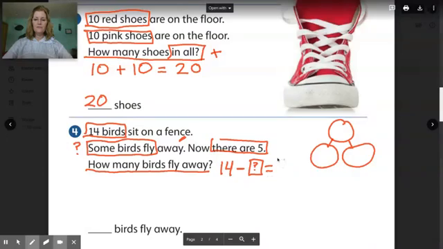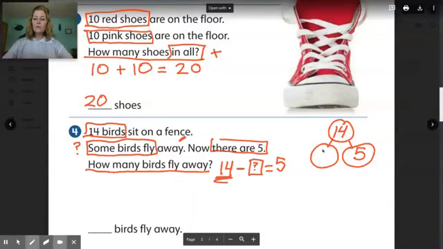Yep, 5. Okay. So what are the two numbers we have? We have 14 and we have 5. So we need to figure out which are parts and which are wholes. Well, we know when we subtract, we always start with the whole. Yep, 14 is the whole. So that makes 5 one of the parts.